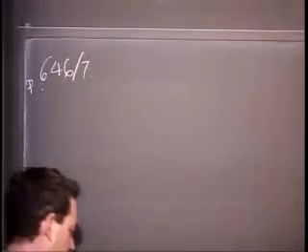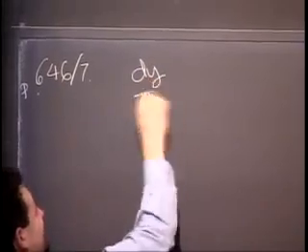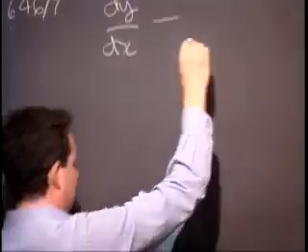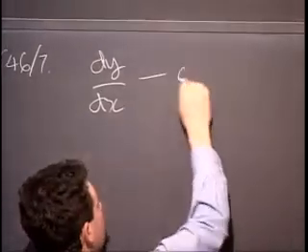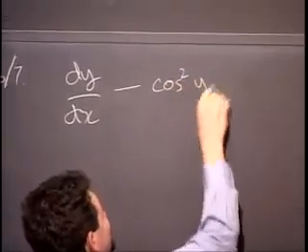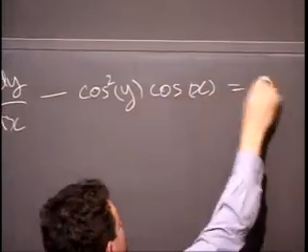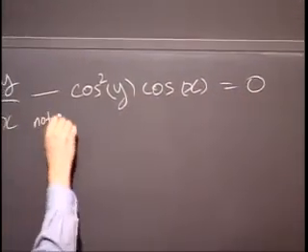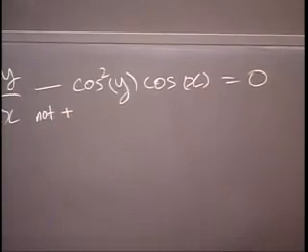The example should have been dy/dx minus cosine squared y cosine x equals 0, not plus. And it also appears at the bottom of page 647 as well.